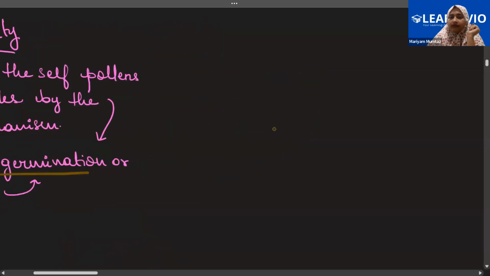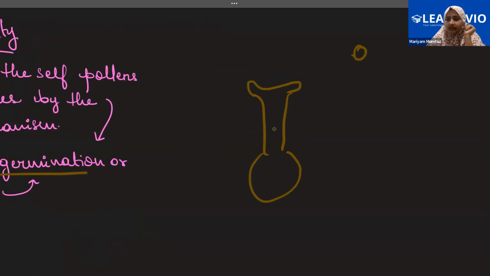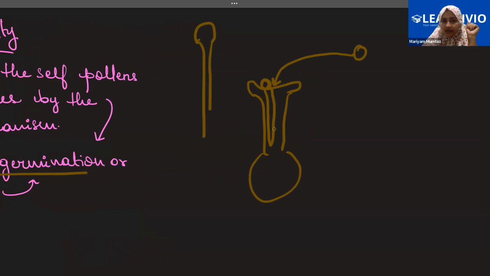Meaning, if this is the stigma and the pollen was released of the same flower, self-pollen, that is why we're calling it, now it lands here. After the pollen grain lands on the stigma, normally what happens is that pollen tube growth takes place. For example, this is a pollen, so from here a tube-like structure will grow.